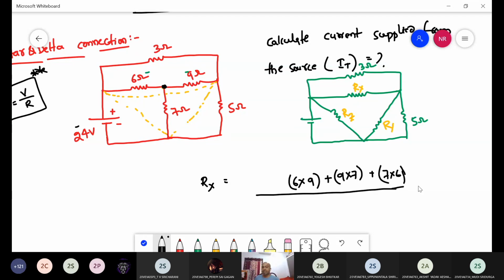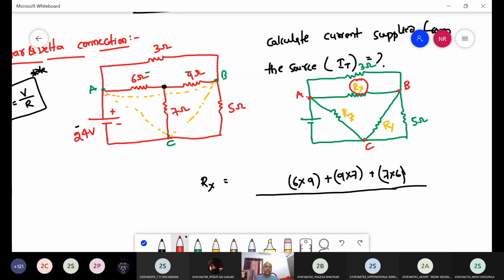Coming to the denominator, here we are calculating between, see, just put the points. Here it is A point, B point, C point. The resultant value of the delta is also between the A point, B point, and C point, right? So here Rx is between AB points, we are calculating this Rx value between AB points.